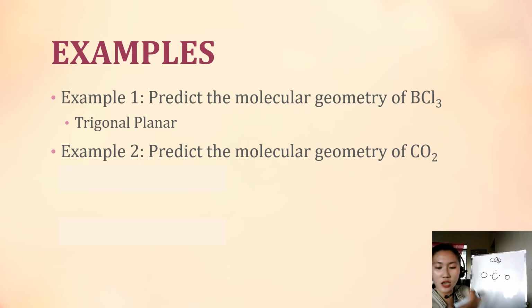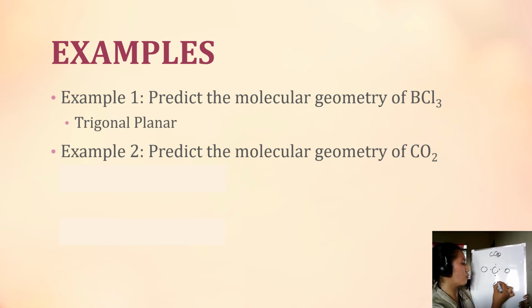Oxygen has 8 electrons: 1, 2, 3, 4, 5, 6, 7, 8. Oxygen's valence electrons are 1, 2, 3, 4, 5, 6, so it has 6 valence electrons.